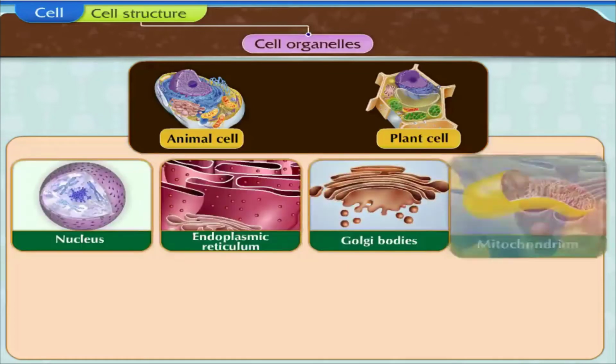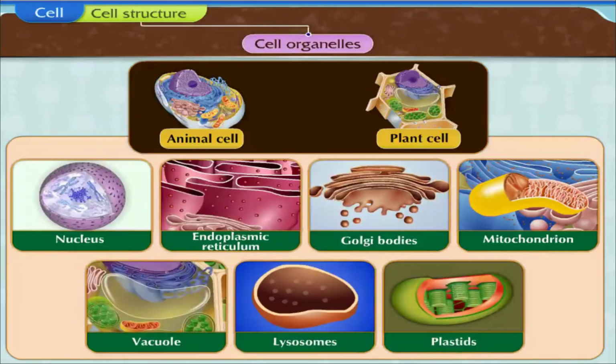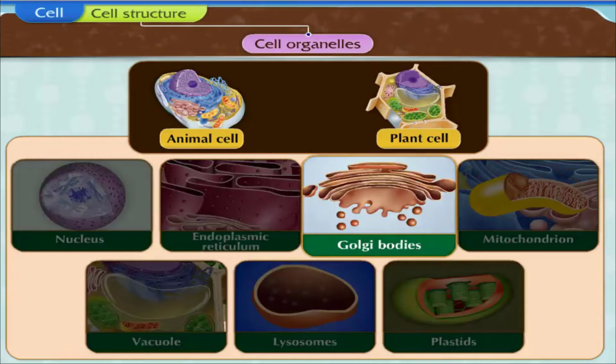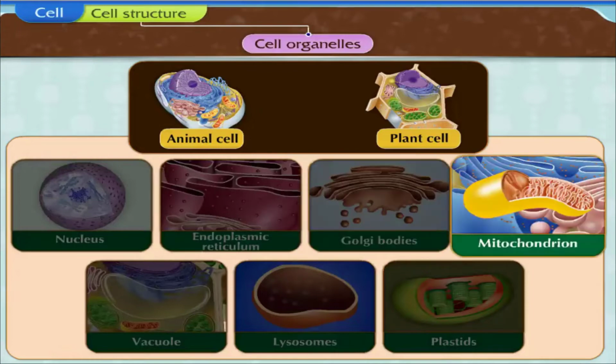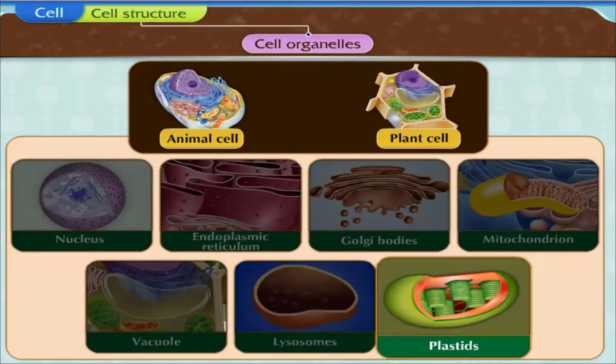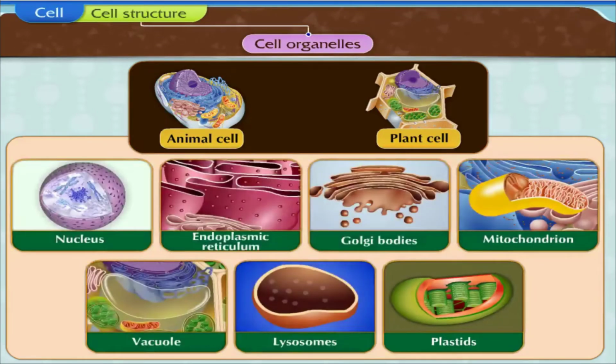These are specialized subunits within a cell that have a specific function. These mainly include the nucleus, endoplasmic reticulum, Golgi bodies, mitochondria, vacuoles, lysosomes, and plastids. Come, let us quickly study about the structure of these cell organelles and their functions.